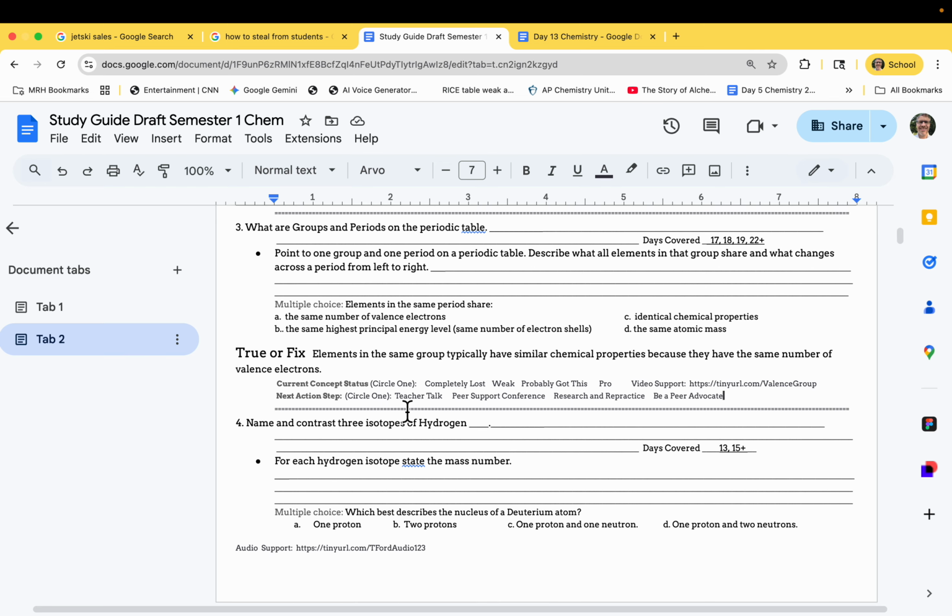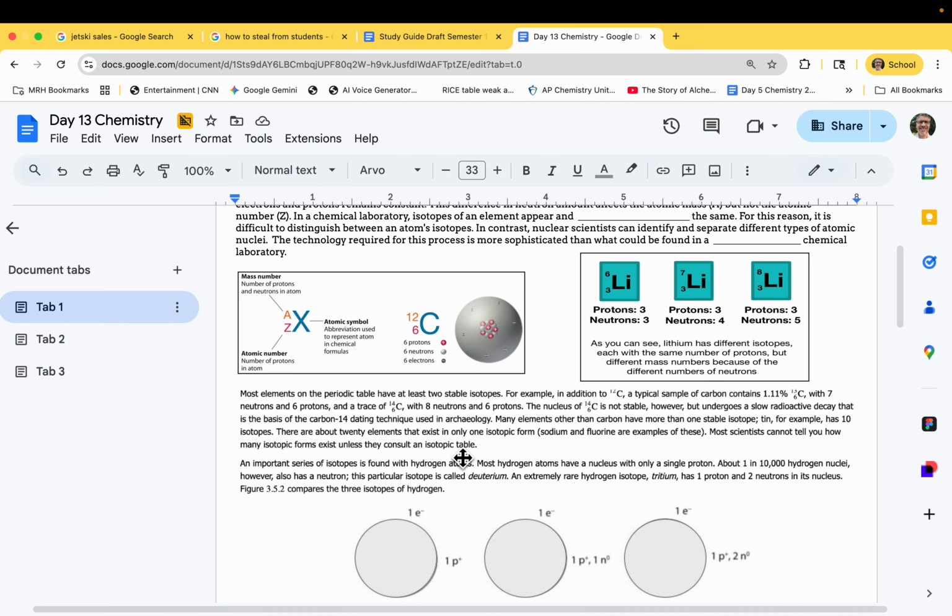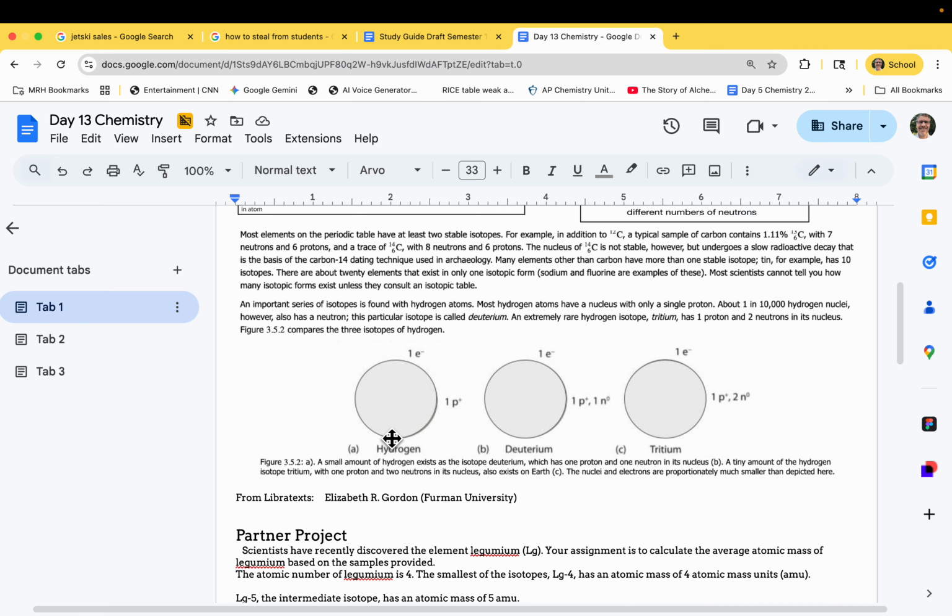Number 4, name and contrast 3 isotopes of hydrogen. Your three isotopes of hydrogen were right here. The first one called protium. Protium consists of one proton in its nucleus and nothing else. One proton. The second is deuterium, which has one proton and one neutron, giving it a mass of 2 because it has 2 particles.